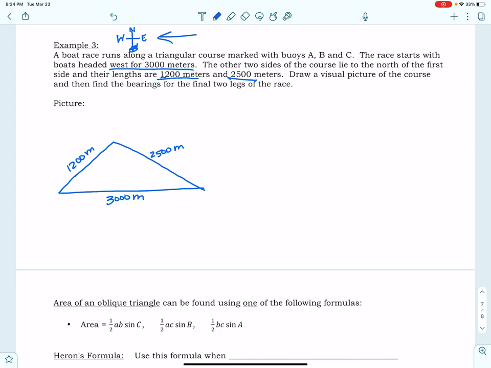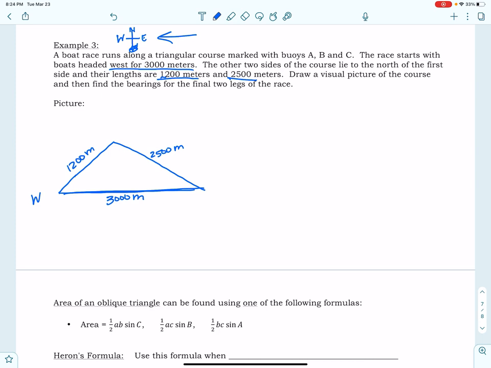So what we need to do is find the bearings for the final two legs of the race. Well, for the first leg we drew, we knew which direction it was headed. It was headed due west because that's what we were told in the problem.